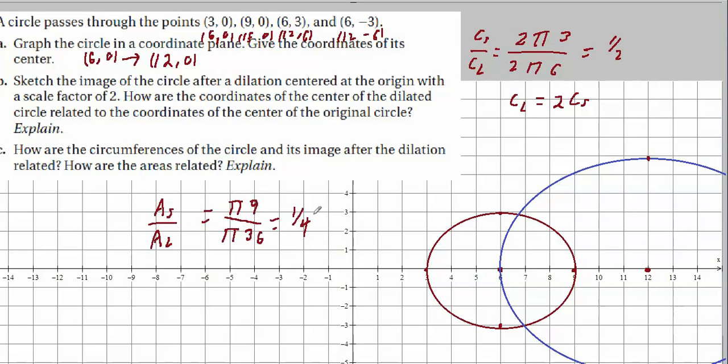Well, this means that the area of the large one, do a little rearranging, equals 4 times the area of the small one, which is the square of our scale factor. So just like what we expected to work out. And if you're on a test and in a hurry, I think you could probably just write down 2 and 4 without doing this. On the other hand, it didn't take long to double check, so it's up to you.